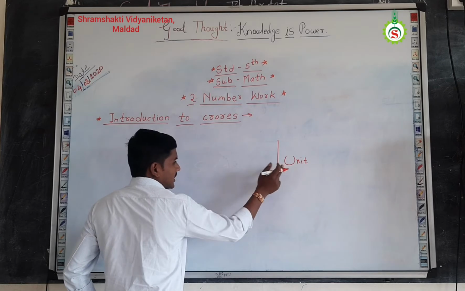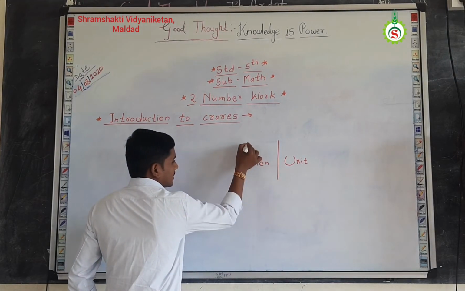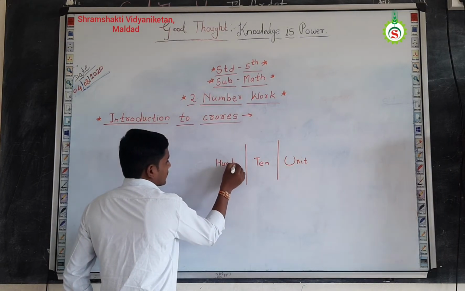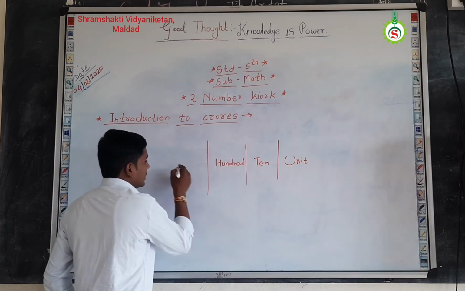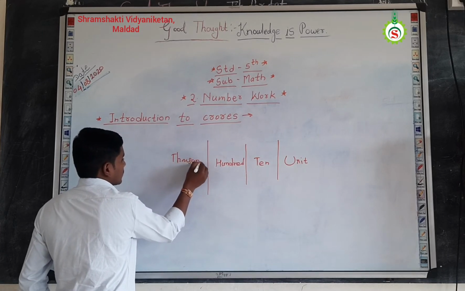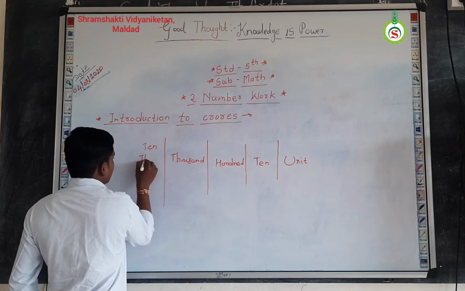The first digit is unit, then tens. After the tens there is the hundreds, after the hundreds the thousands, and after the thousands the ten thousands.